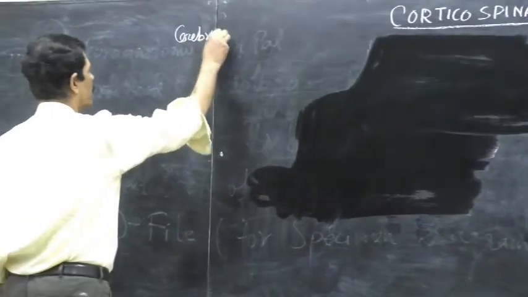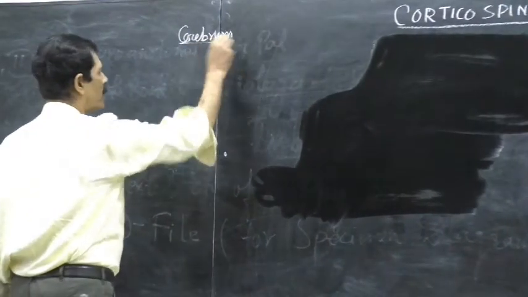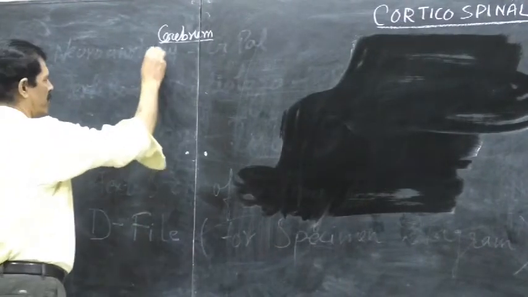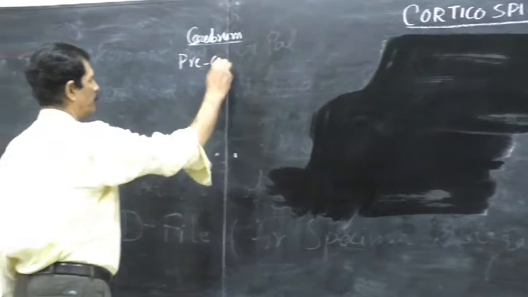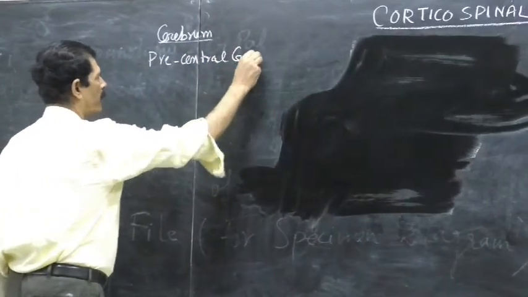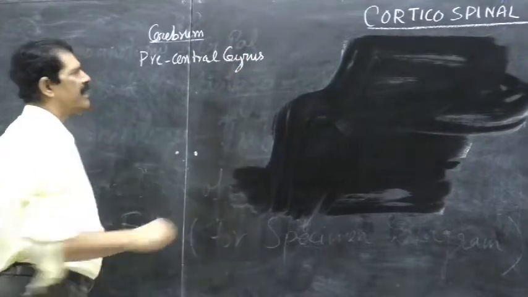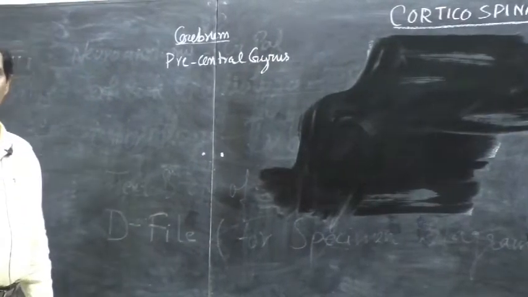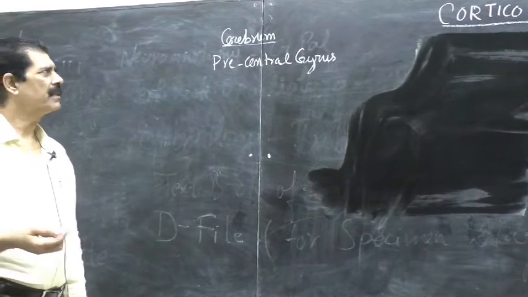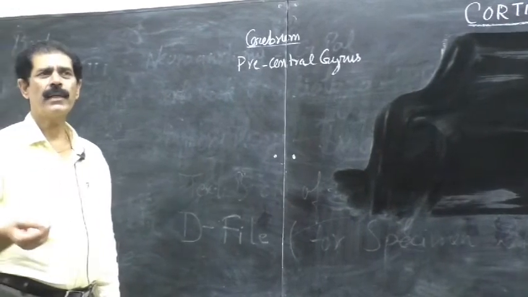So they start from the cerebrum. As they are motor, it means they will start from the precentral gyrus, because this area of the cerebrum is called the motor area. As the fibers are called motor fibers, it means they are related to the motor area of the brain.